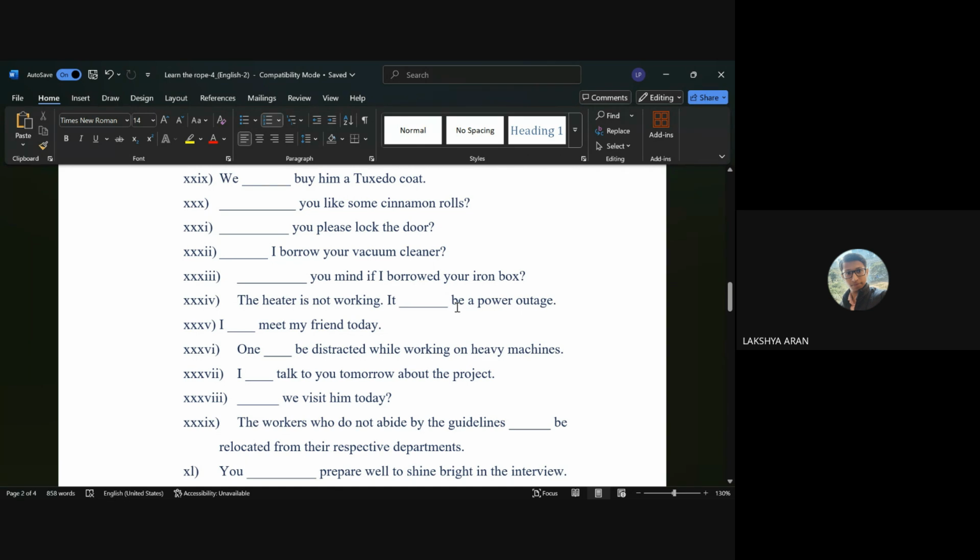Ma'am, can is also used for offer. Can you like some cinnamon rolls? No. How does that work? It's looking odd, but ma'am, can is also used for offer, so there is some chance of can also. I do not know.